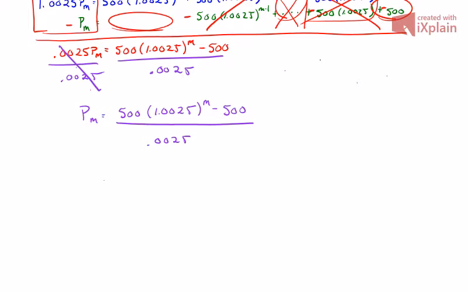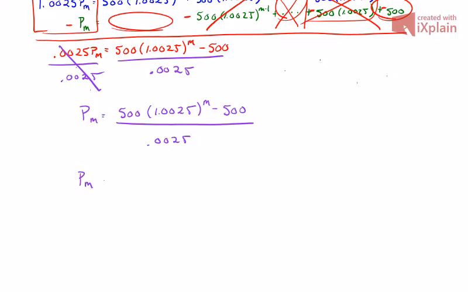I'm going to do a little bit of a visual cleanup here. I notice that I have two terms here, because again they are being separated by the subtraction sign. Notice that both of them have a 500 in them.